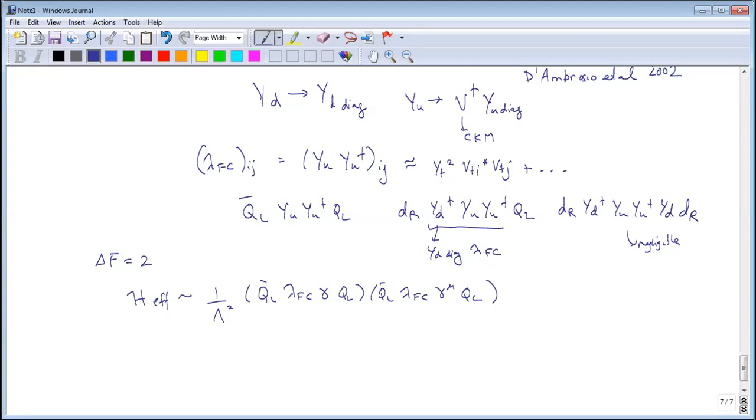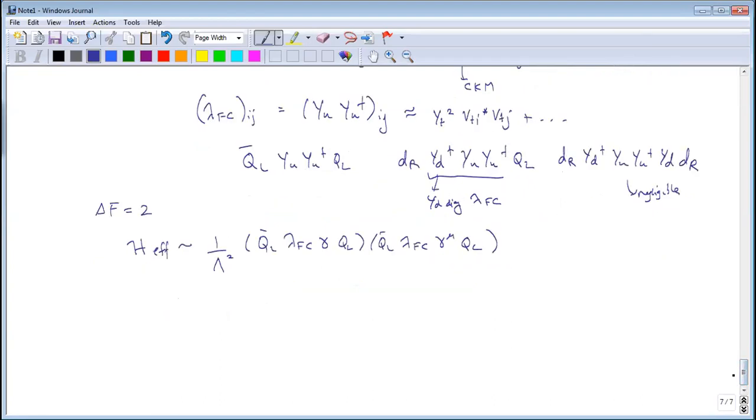So what this tells us is something like the following, and again, a cartoon version. Let's imagine a process, b to s and a blob, and then a photon. In the MSSM, we know there are various loop diagrams that can lead to such a process. In the standard model, these things happen through a W and the top here, so it's going to go like VTB star VTS.